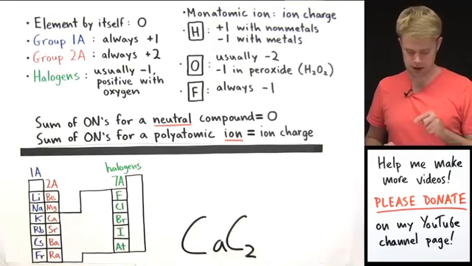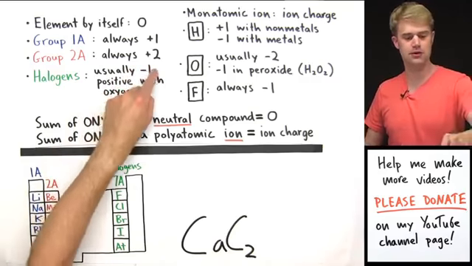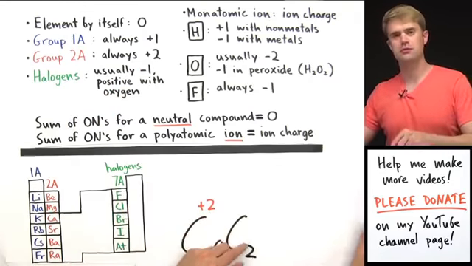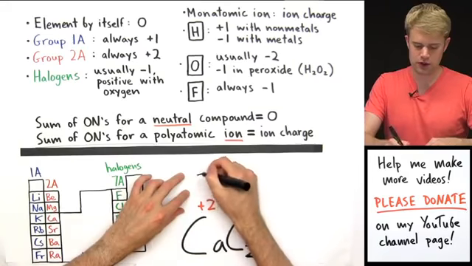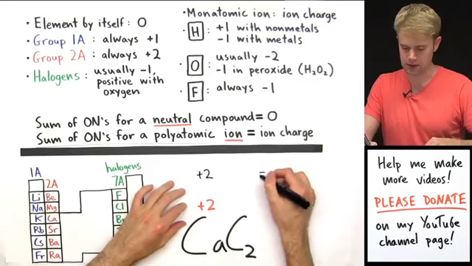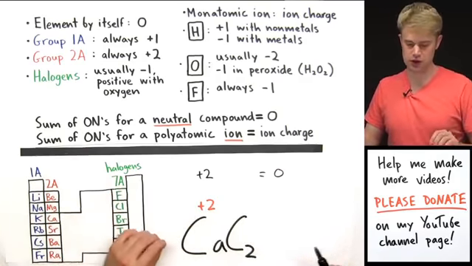CaC2. So calcium here is in this column, group 2A, so we know that its number is always +2. We don't know what carbon's number is, but we can figure it out. What we do know is that calcium's number plus whatever carbon's number is needs to equal 0 because this is a neutral compound. It doesn't have a charge.